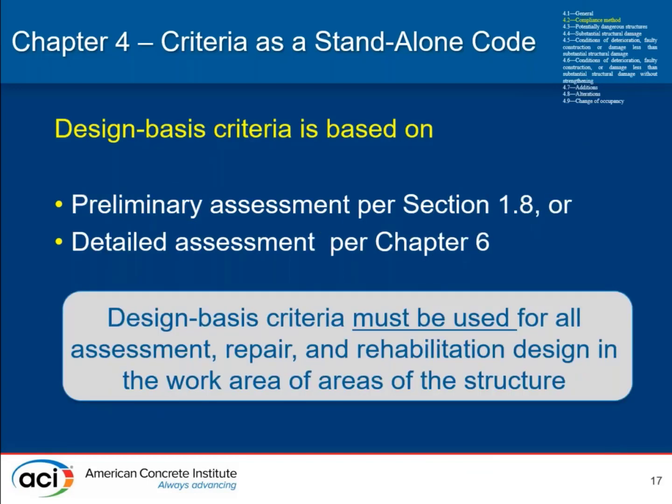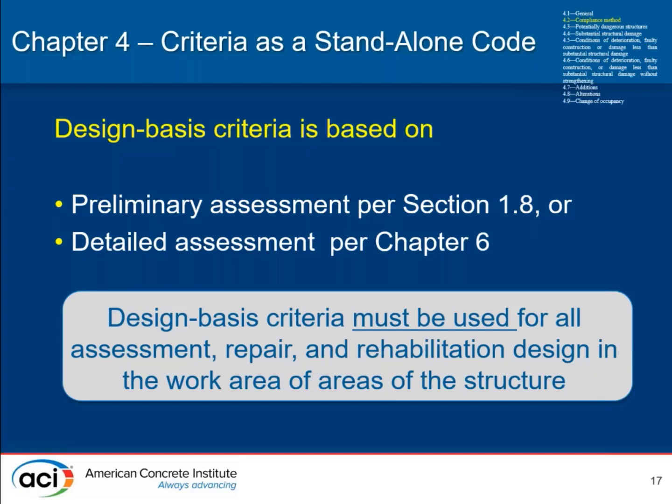So the rest of our discussion of Chapter 4 today will describe the case where ACI 562 without the IEBC is the design basis code. In other words, the case where the existing building code is not used.